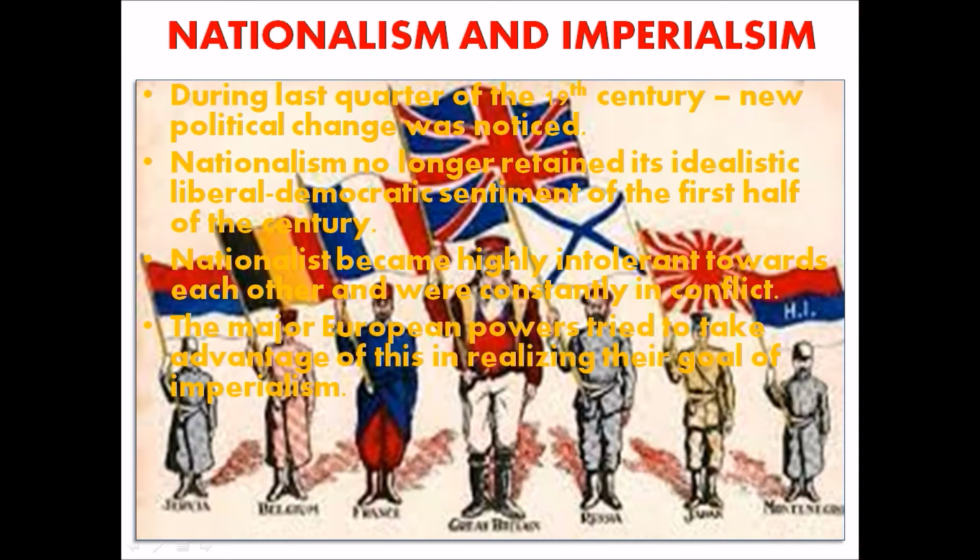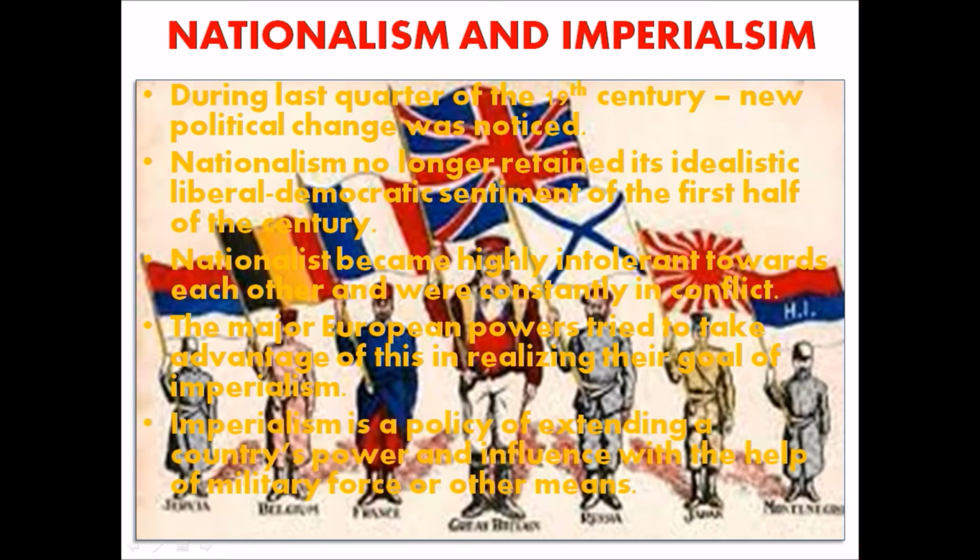The major European powers tried to take advantage of this in realizing their goal of imperialism. Imperialism is a policy of extending a country's power and influence with the help of military force or other means.